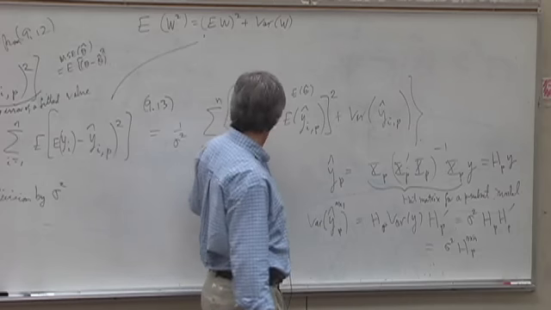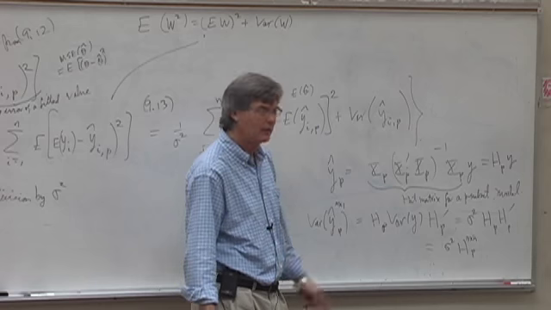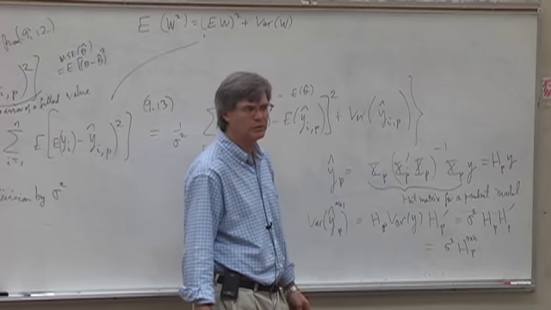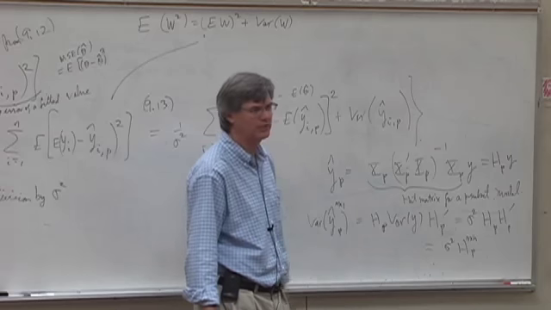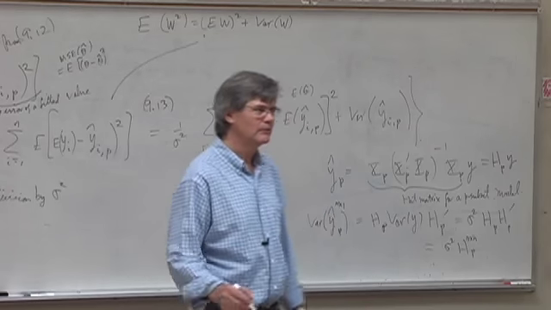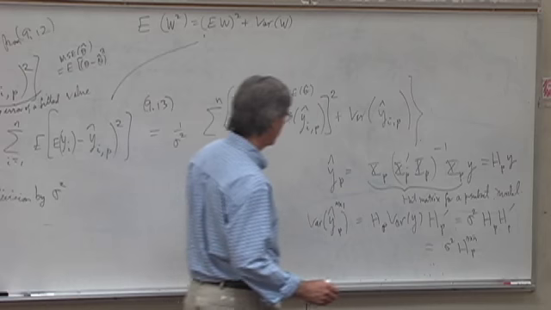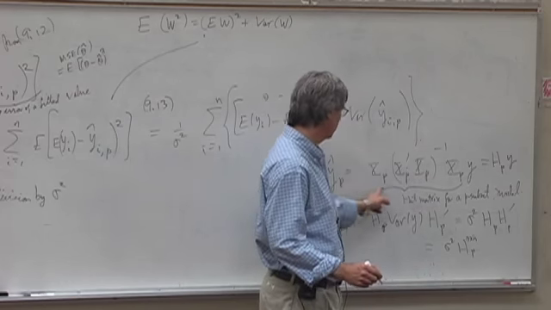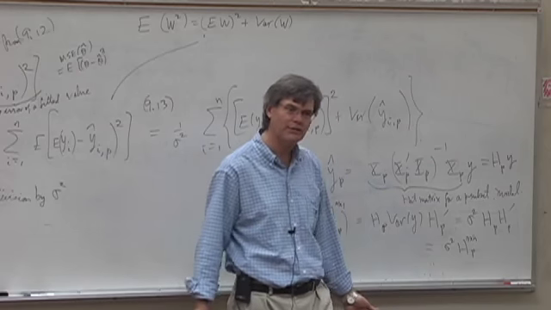Now this sum is just the sum of the diagonal elements. So I want to get the sum of the diagonal elements of that matrix. What's that equal to? What's the sum of the diagonal elements of sigma squared times that H matrix? Well, here's the H matrix. The sum of the diagonal is sigma squared times the sum of the diagonal entries of this. That sum of the diagonal entries is the trace.